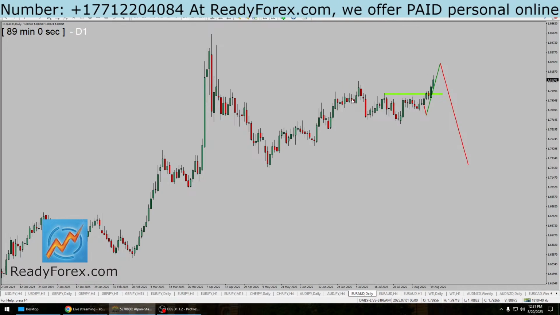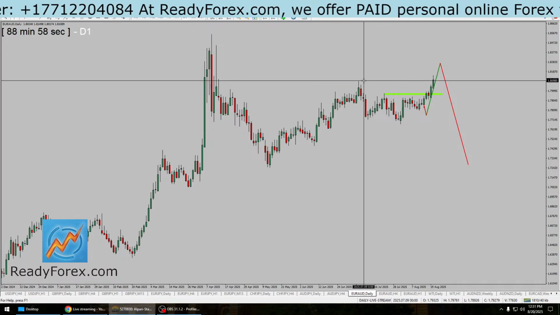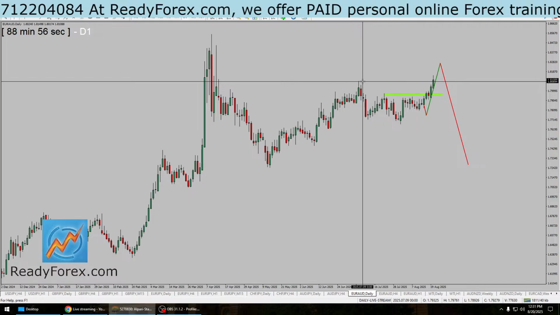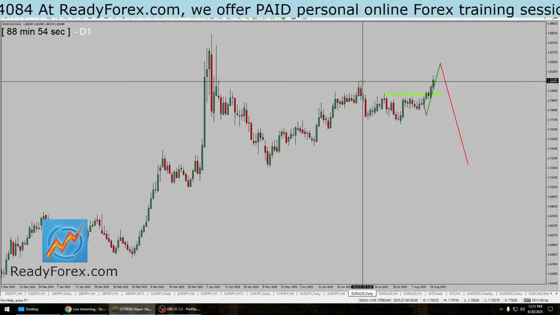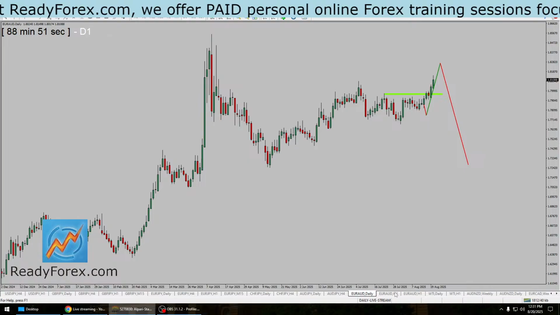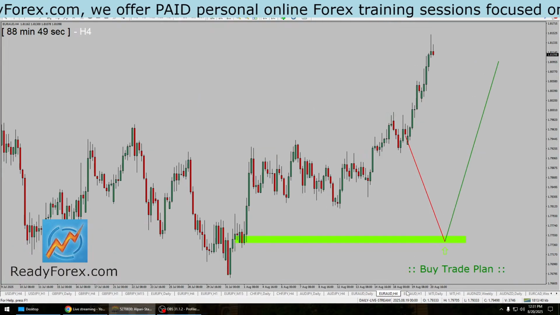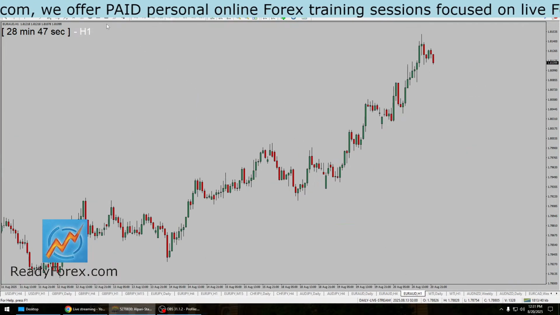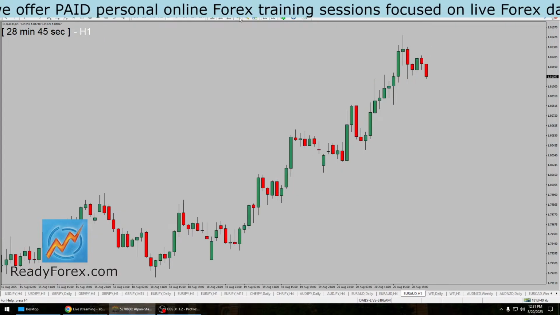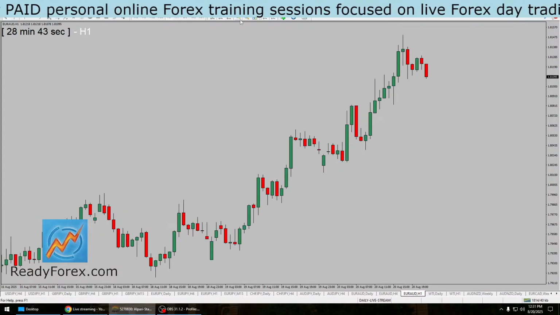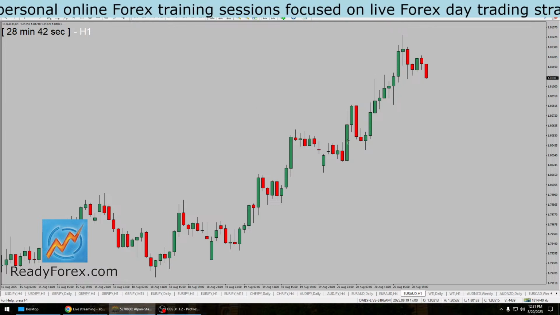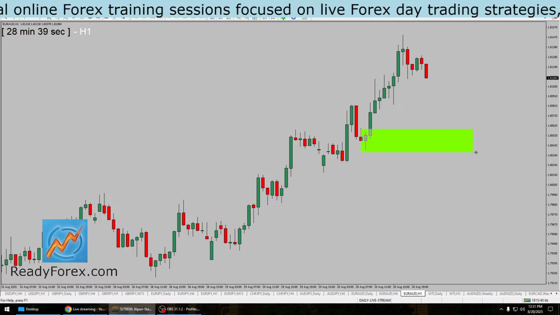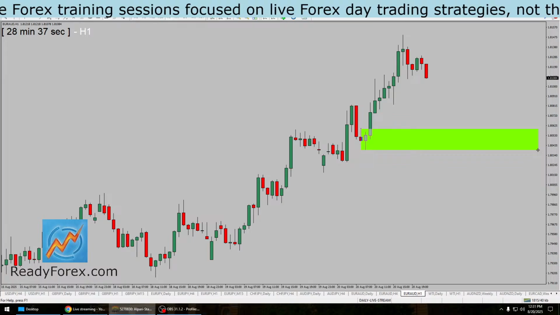Okay, Euro AUD, we got a bullish breakout over here, and the way I see it, it's a good idea to wait for a pullback first before you jump into the market. Okay, so where's the support? Okay, support is down over here, right over here. This is the support.